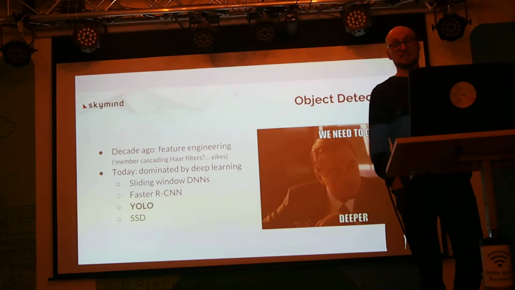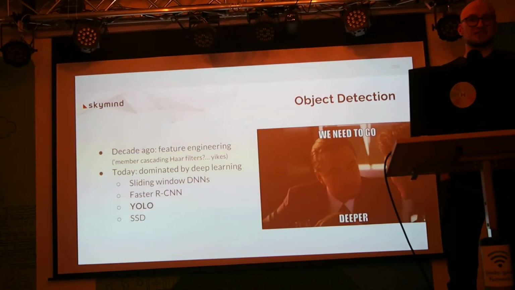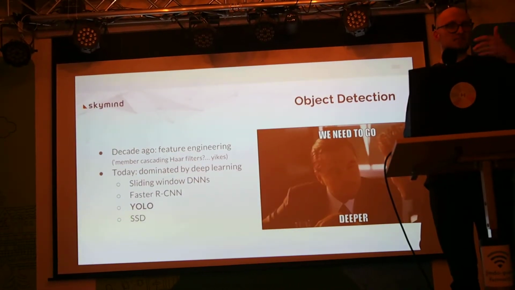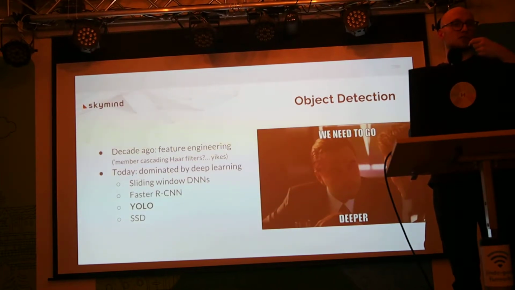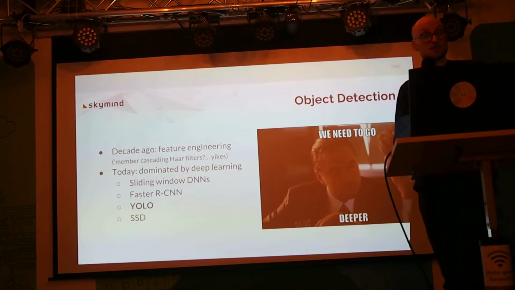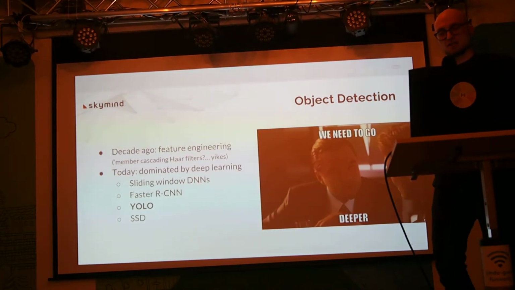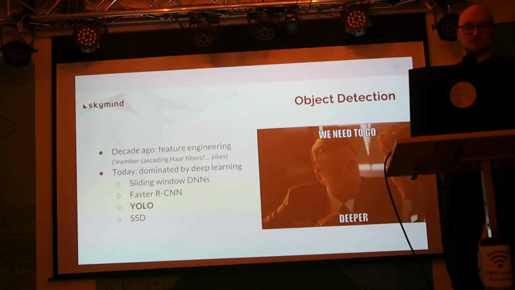For face detection we used cascading Haar filters, which essentially used the fact that on a black and white image, your nose is essentially a vertical white bar, and your eyebrows and your eyes are essentially a black bar horizontally, and stuff like that. So it was heuristics like that that made it work, and it did work reasonably well, right? It was just extremely fast and very limited in the use cases.